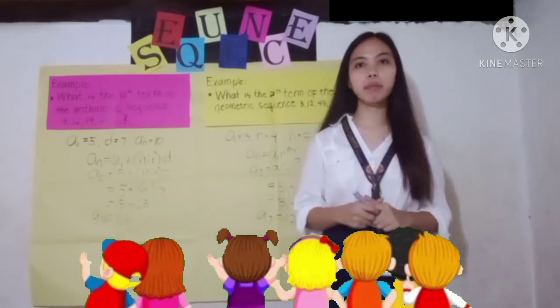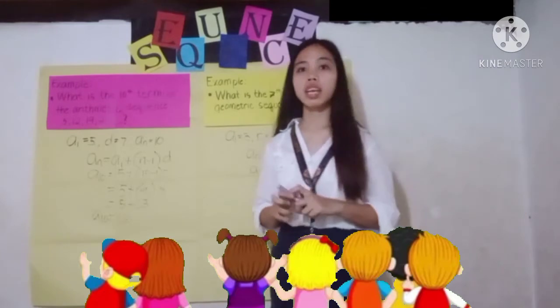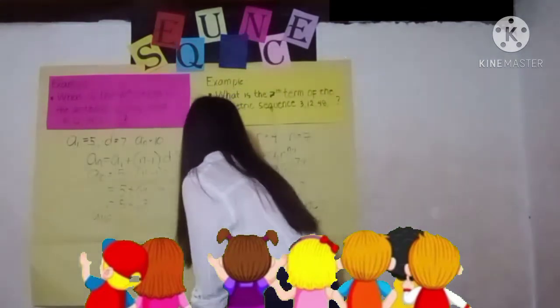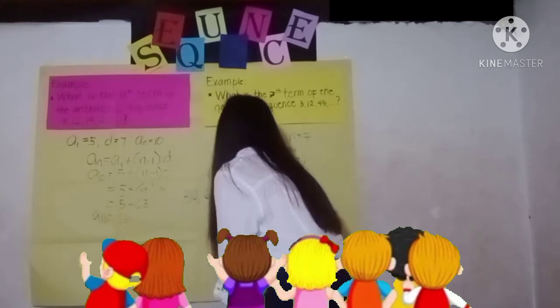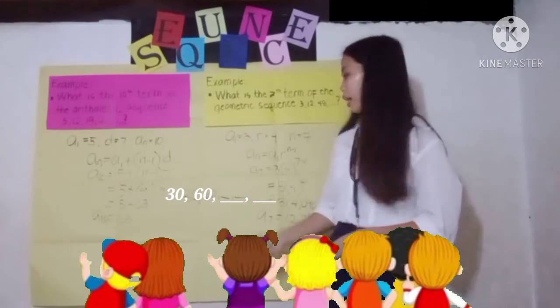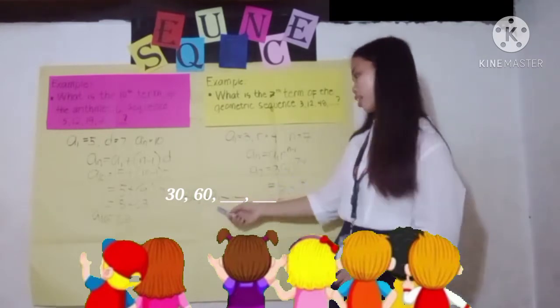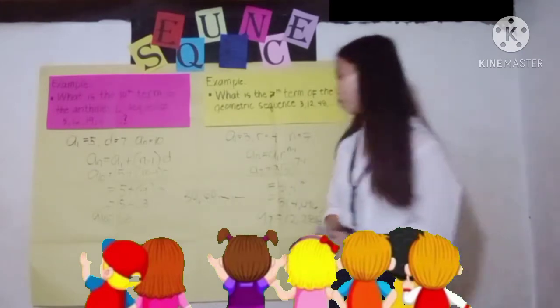And the second example of geometric sequence is, find the missing terms in 30, 60, and the third term and fourth term. When we divide, the ratio is 2.